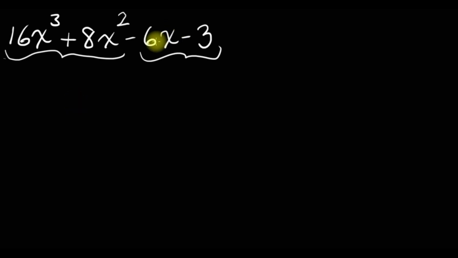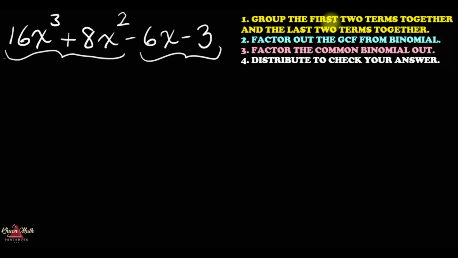Okay, so here we're going to bring in the procedure of how to do it. We're going to go through it step by step. So here's your procedure. Step number 1 is to group the first two terms together and then the last two terms together. So we have 4 terms, so your first group is going to be 16x cubed plus 8x squared.